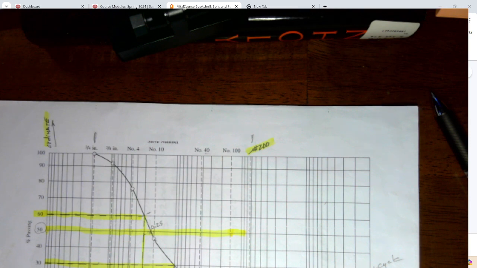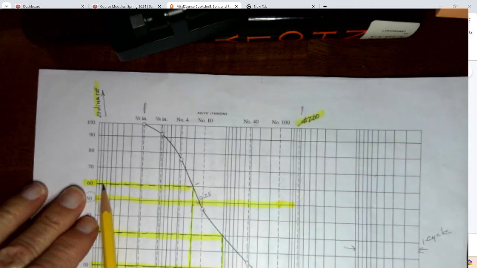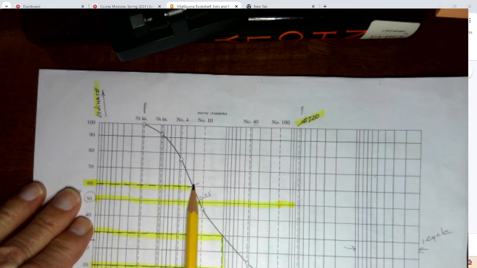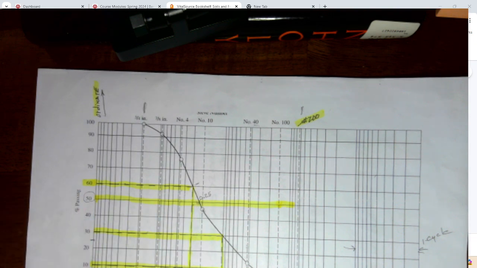For some reason I put 3 there. Let's go up here to 60%, draw a line, hit the curve, and go down, and you'll see that it's 3 millimeters. So 3.0 equals 3 millimeters.